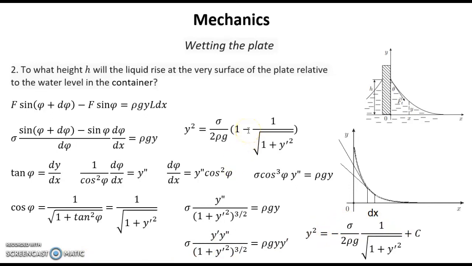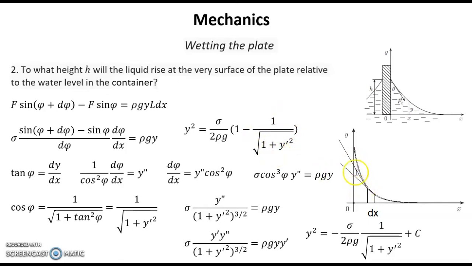This is our result, and now we can find the height of the water just near this plate, because we know what the first derivative of y is here. That will be tangent phi, and 1 over this square root of 1 plus tangent square phi will be just cosine phi.